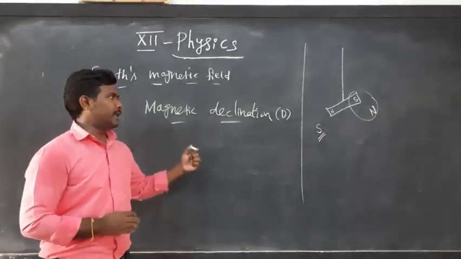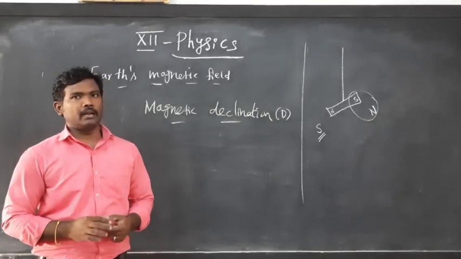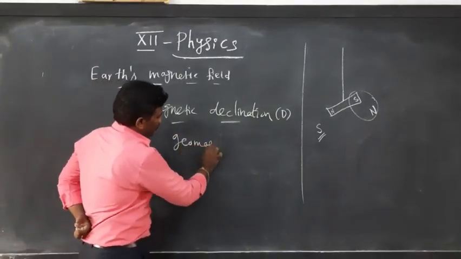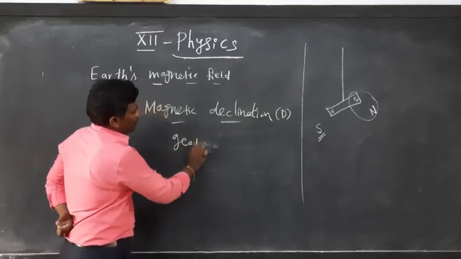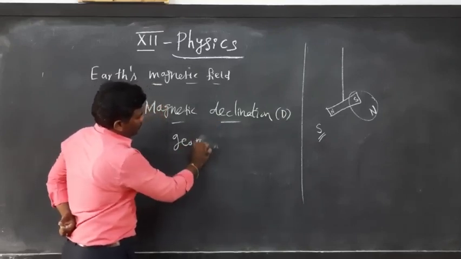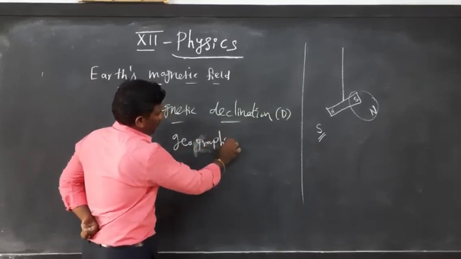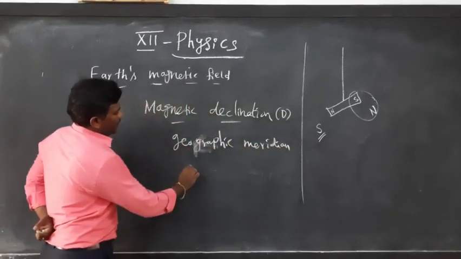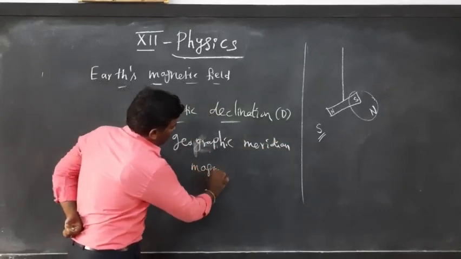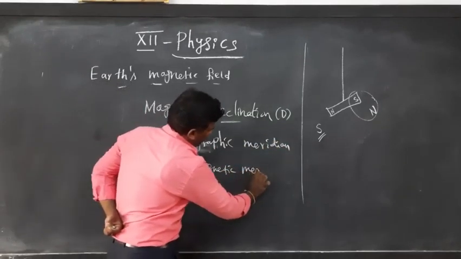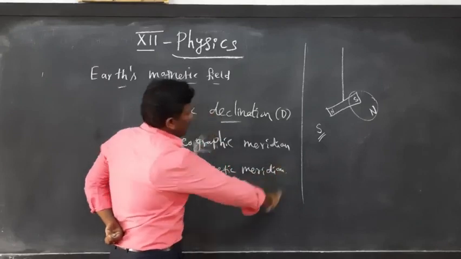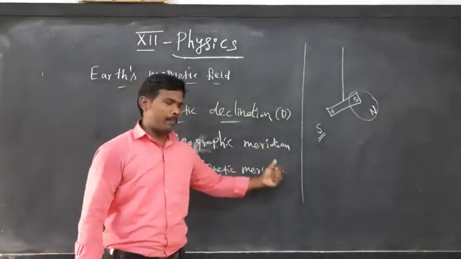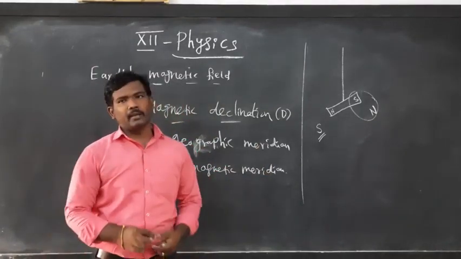So the magnetic declination is the angle between the geographic meridian and the magnetic meridian. It is an angle between the geographic meridian at a point and the magnetic meridian.